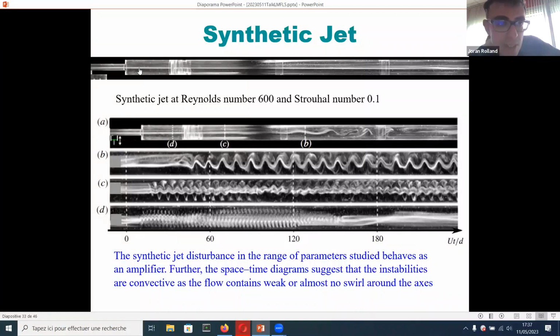Basically, the question I have is, do you have this amplification, at least linearly, for any disturbance amplitude? Or do you see wavy laminar patterns only if the disturbance is above a certain threshold?